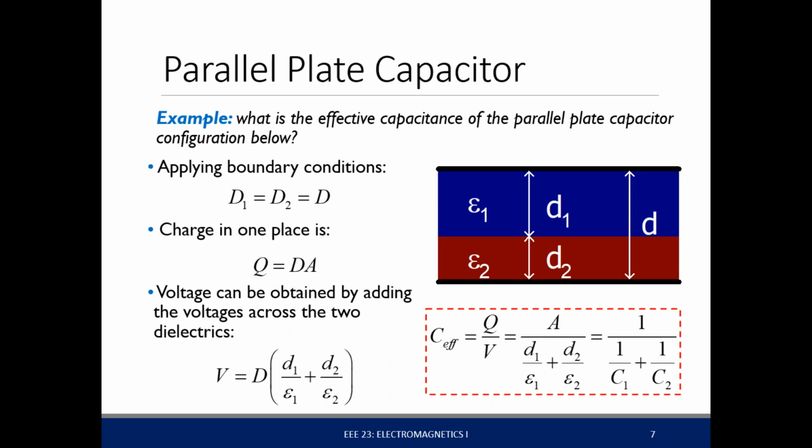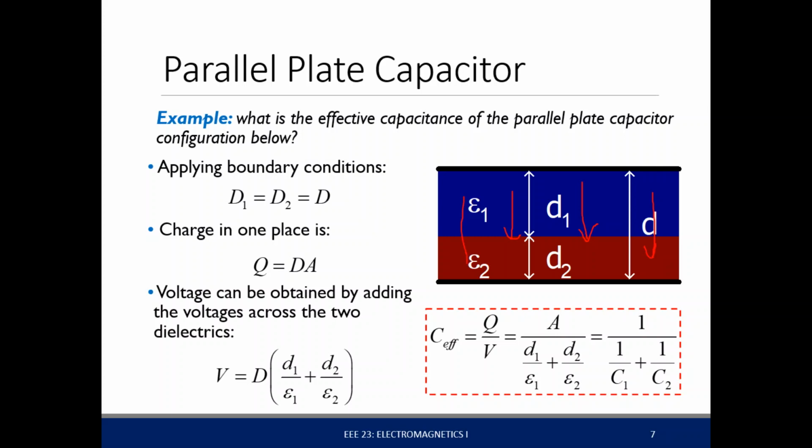An example: what is the effective capacitance of the parallel plate capacitor configuration below? Now we'll consider if the dielectric is discontinuous within the capacitor. What would happen? We apply the boundary conditions. By boundary conditions, the electric flux density is constant as you cross the boundary.